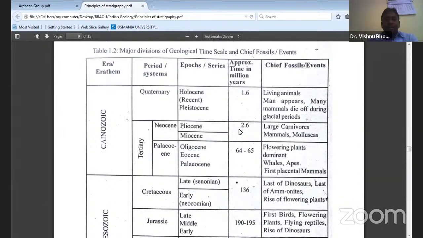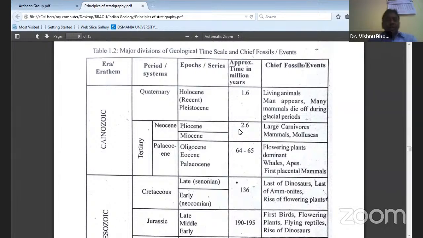Here the important fossils or events are living animals, and man appeared here, and many mammals died because glaciers were generated, and for that reason many of the mammals died.